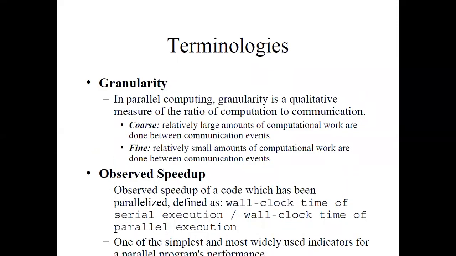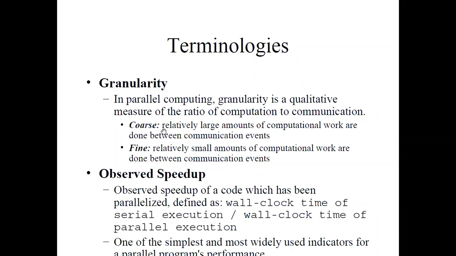Then there comes granularity. What is meant by granularity in parallel computing? Granularity is a qualitative measure of the ratio of computation to communication. By using granularity, we are able to measure the performance of the parallel processors. There are two types you are able to see in the PPT: coarse granularity and fine granularity.